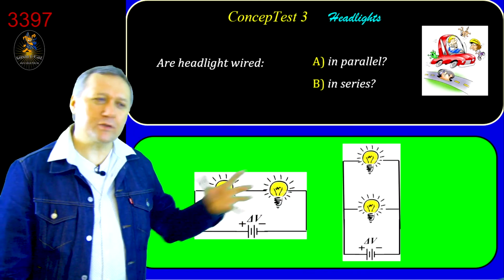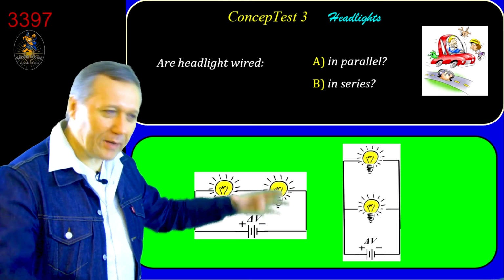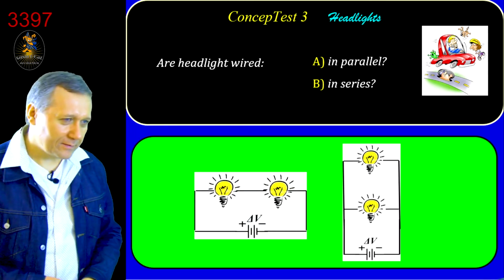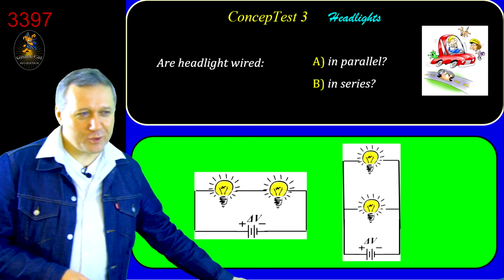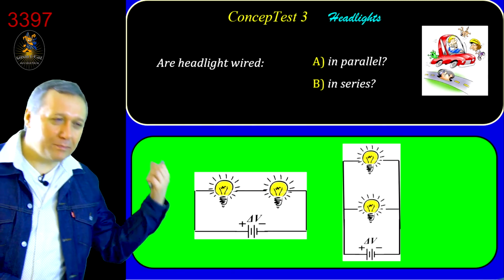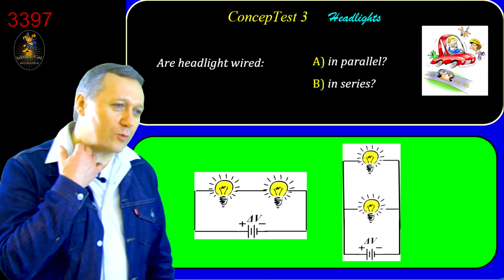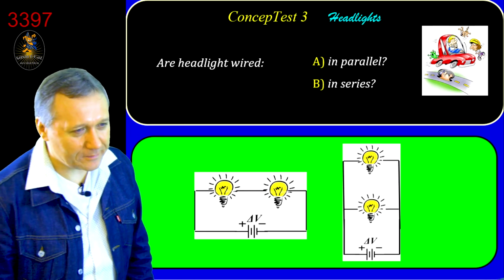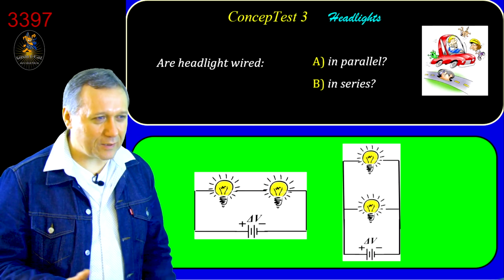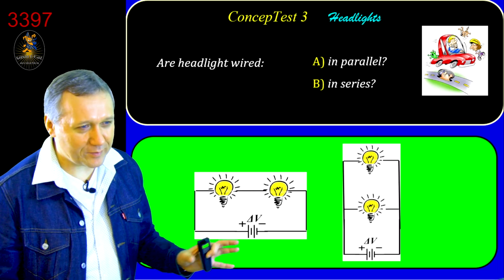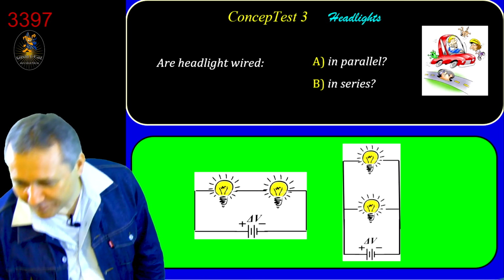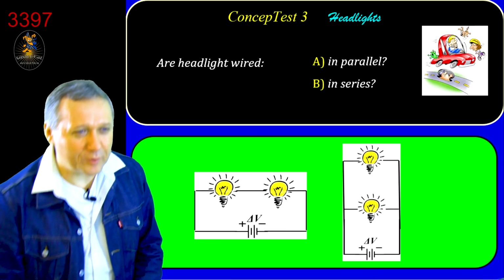Of course, real wiring is more complicated, but everything is oversimplified here. So, how should the bulbs be wired? Okay, I will hold you for one extra minute, or half a minute. It's more like for fun.